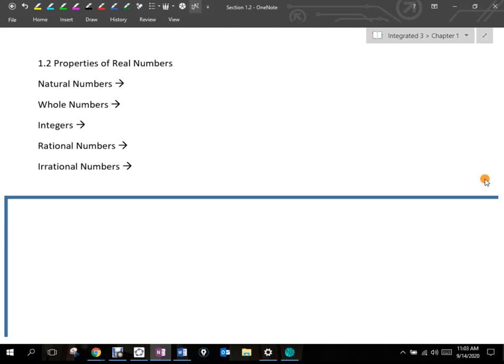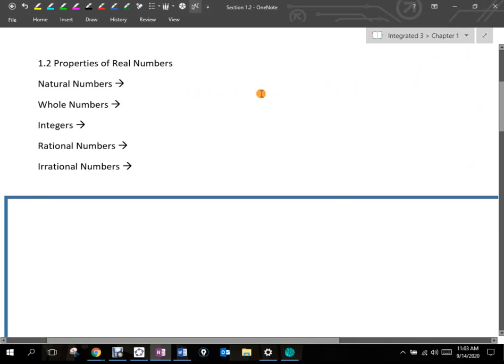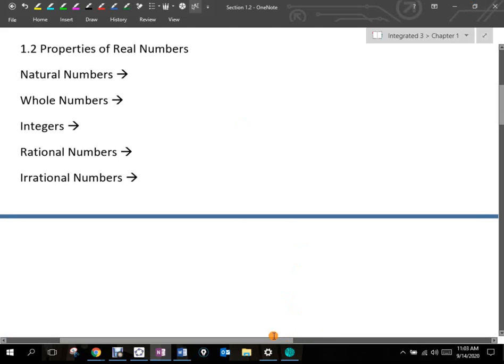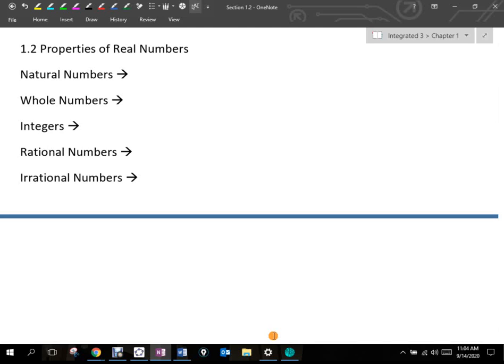And if we don't know what those number sets are, then we can't use those rules in the appropriate manner, and they can get us into trouble. I'm going to give you ways of remembering all of these. If you can remember the first 2, that's going to help you remember the third one, and then the last 2 link together as well.